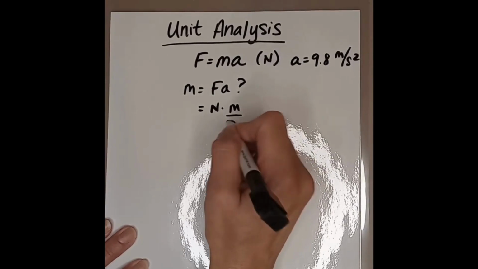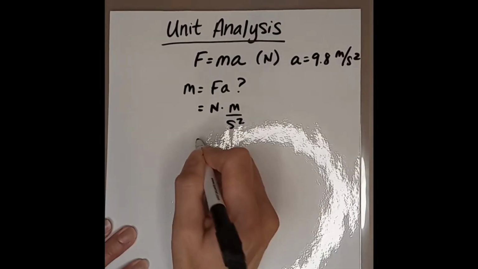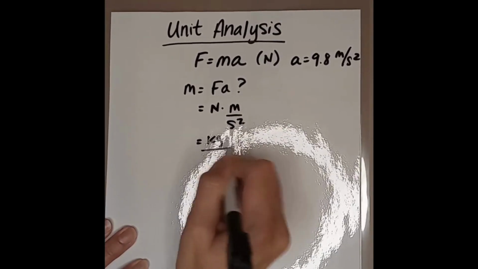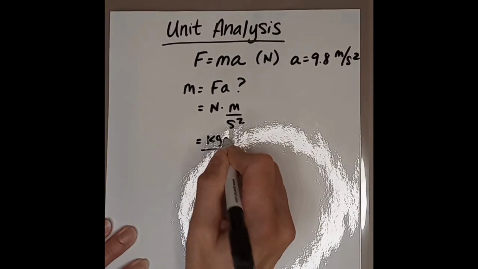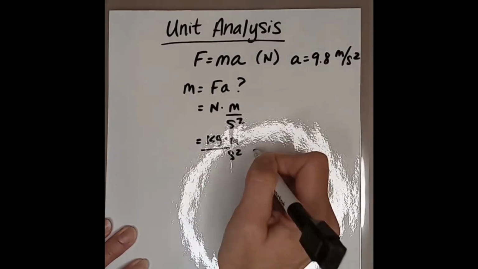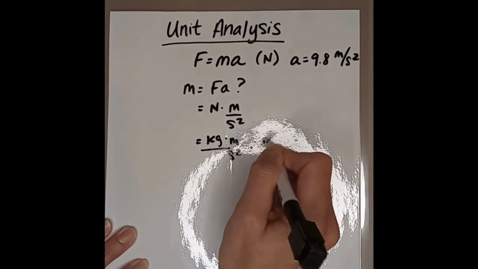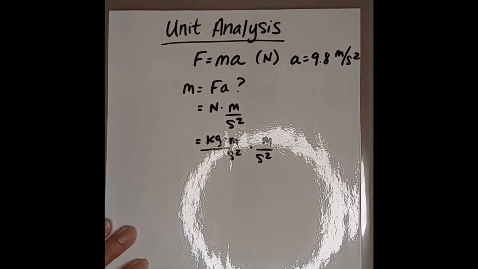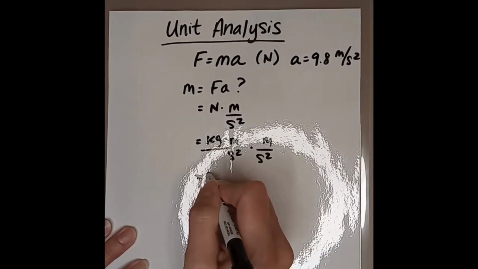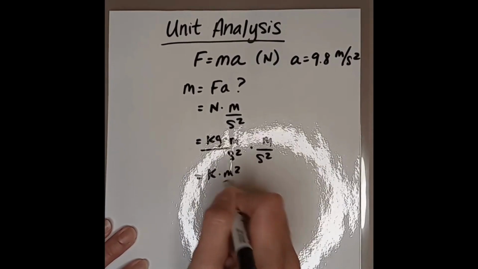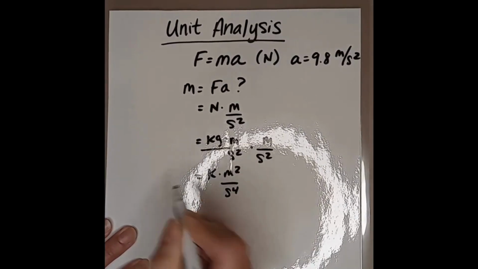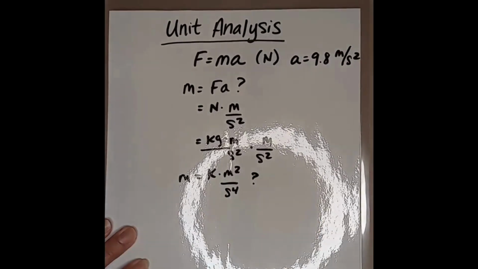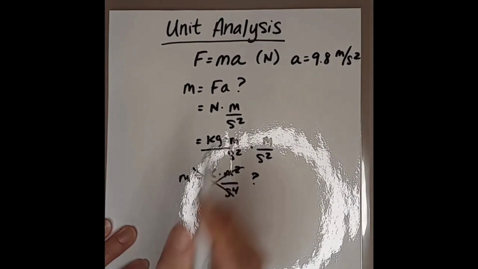And a newton is a kilogram times meter per second squared. So already our units are looking pretty weird here. So we have kilogram, meter squared over seconds to the fourth. Does that look like a mass? Nah, not really. So clearly that is not right.